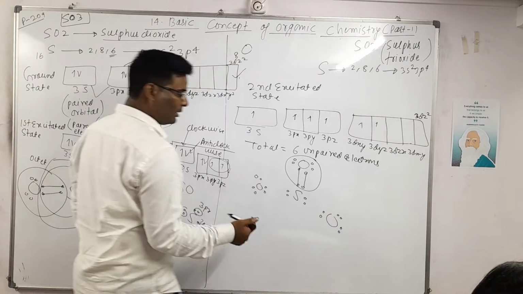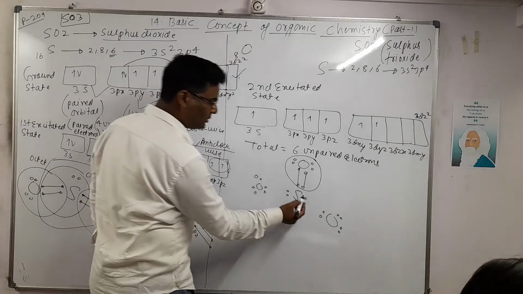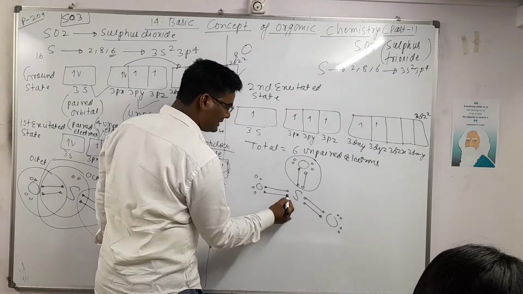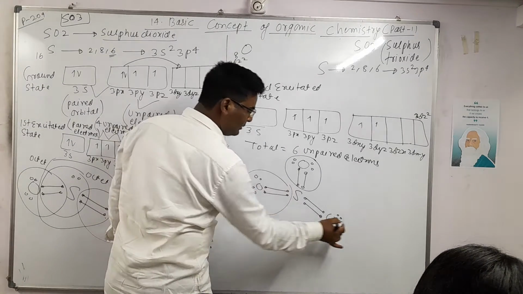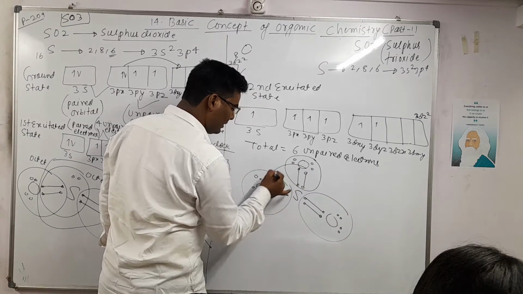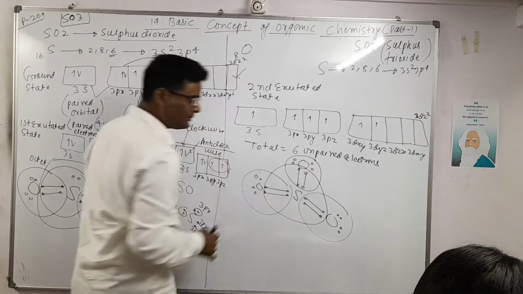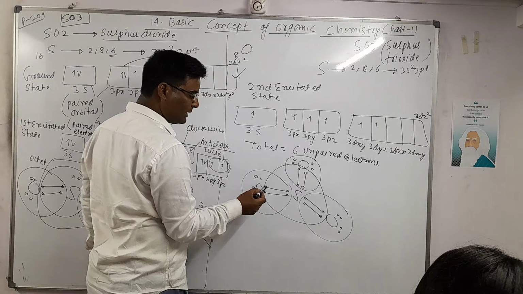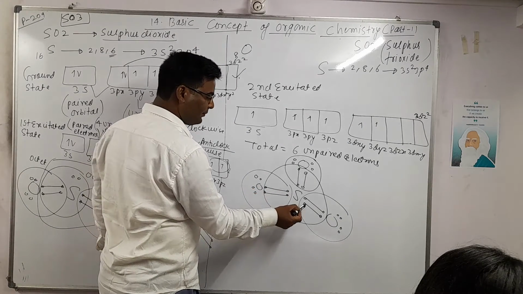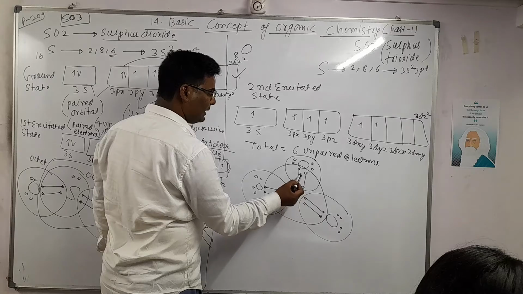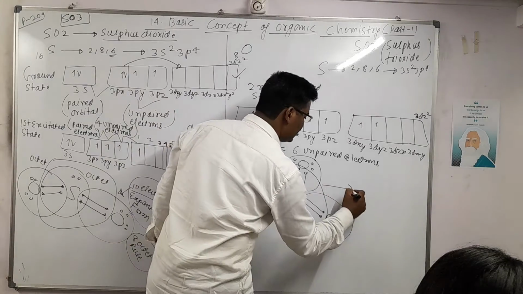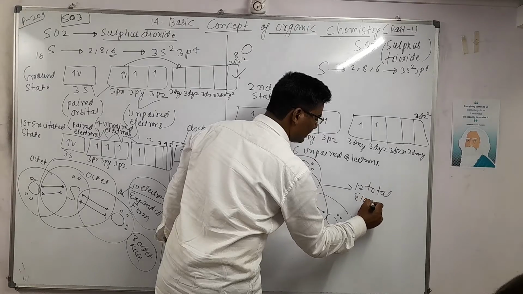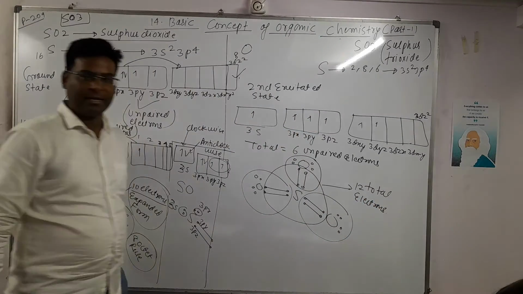But 2 bonds are remaining, so sulfur will share electrons with the oxygen atoms. So now it has expanded. How many electrons are there in total? Not 10, total 12 electrons: 1, 2, 3, 4, 5, 6, 7, 8, 9, 10, 11, 12. This is called the expanded form of sulfur.